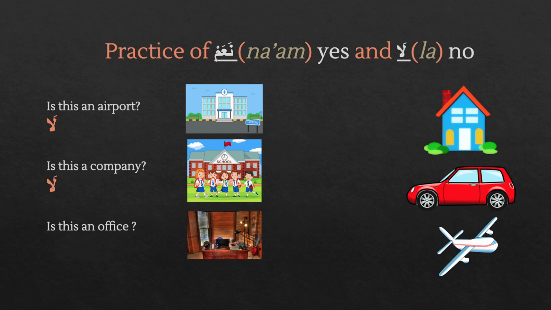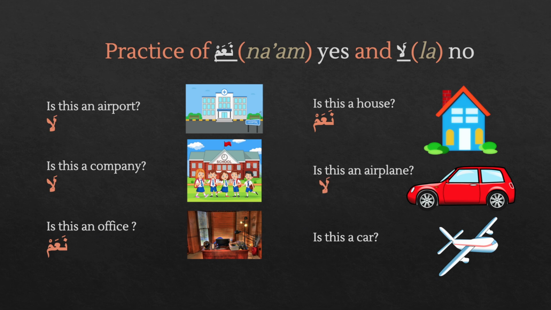Is this an office? نعم, yes. Is this a house? نعم, yes. Is this an airplane? لا, this is not an airplane. Is this a car? لا. No, this is not a car.